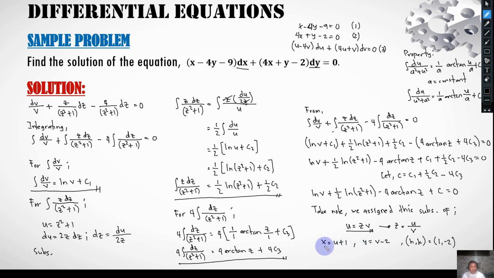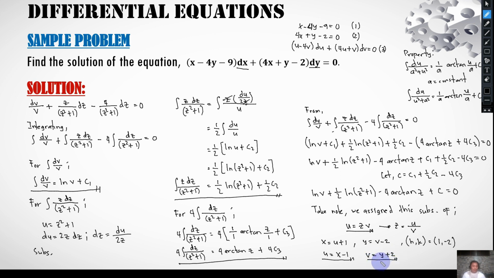From here, u is x minus 1, and from y equals v minus 2, our v is just equal to y plus the constant number 2.